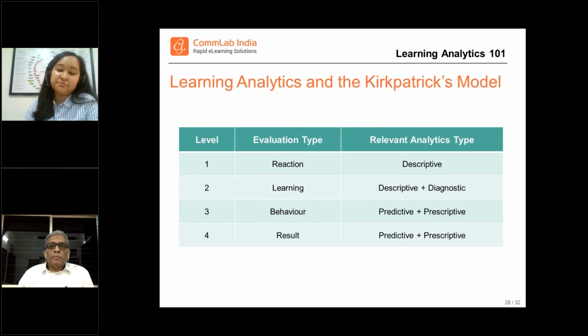So let's say a learner is facing some problem during the course. What do predictive and prescriptive do here? They look into the past data and see, okay, the learner is facing a problem here. There's some pattern here, which is why it's ongoing. So predictive and prescriptive will automatically give a learning format or a course which helps the learner fill the current gap.